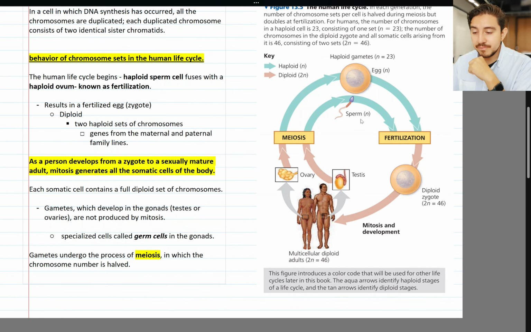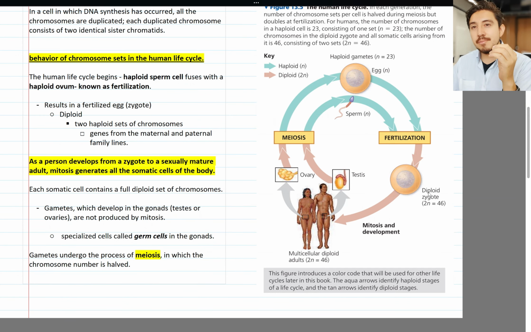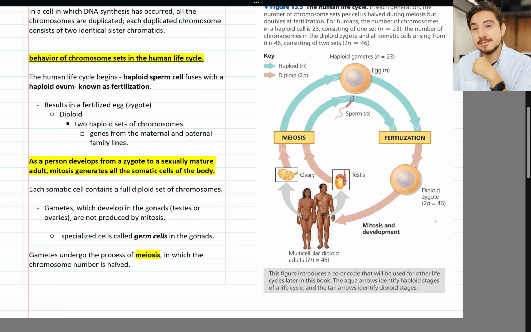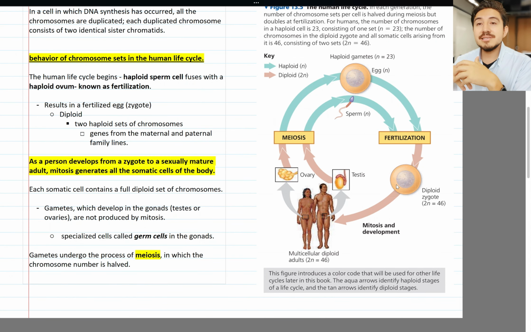You have the sperm, an N cell. You have an egg, which is also an N cell. They fuse together through the process of fertilization, and they establish again the diploid number of chromosomes, which is 46. After that, from that single cell on, you will undergo mitosis, division, and development. The organism is getting bigger as it's growing inside the womb of the mother.